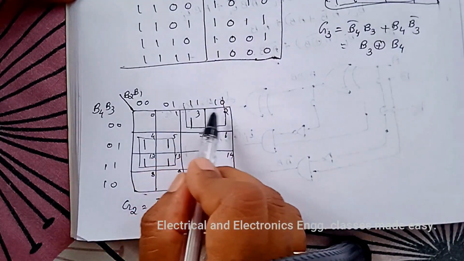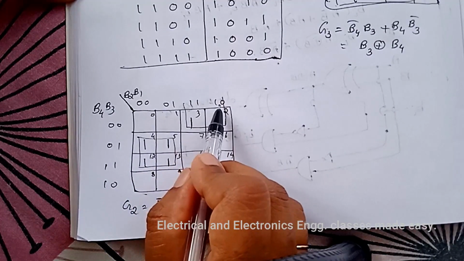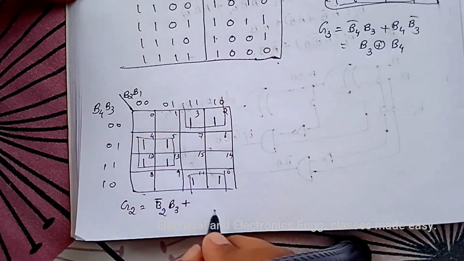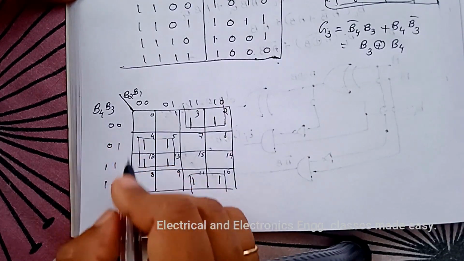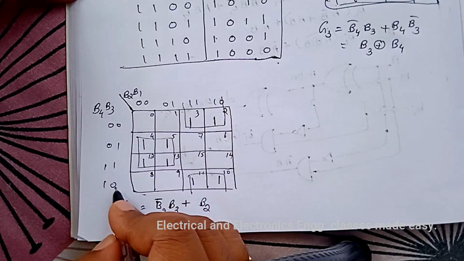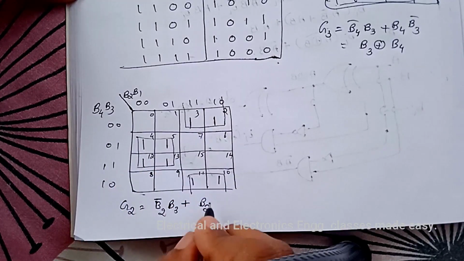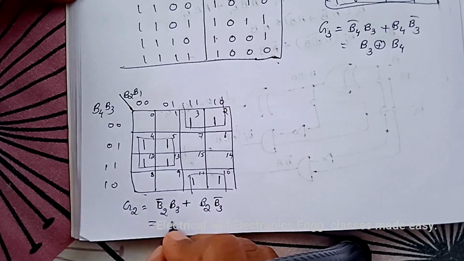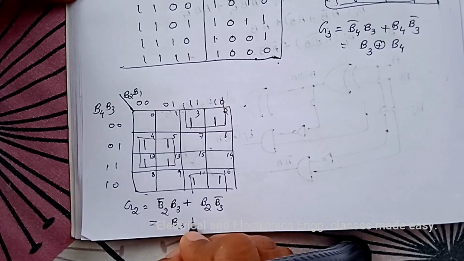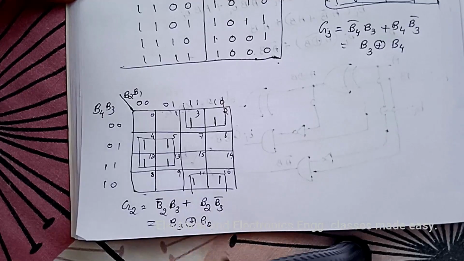So here the changing variable is b1, so we can write b2. Then here the changing variable is b4, so we can write b3 bar, and this is equal to b3 XOR b2.